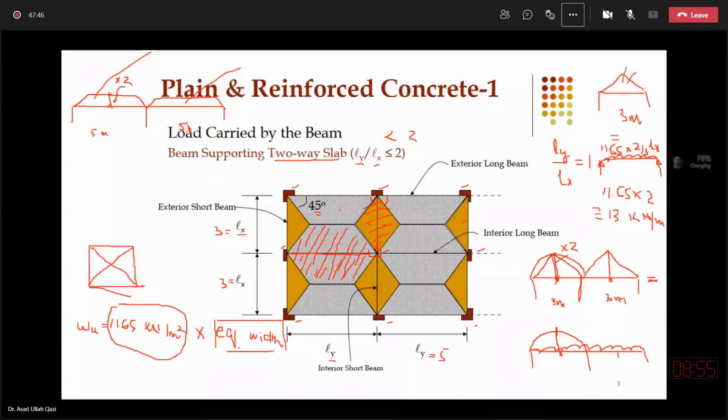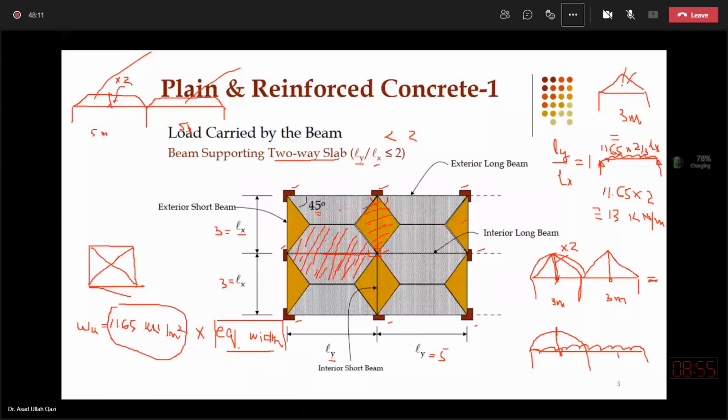You will get exactly the same answer if you use this equivalent width. And in the derivation, we have discussed this calculation of 2 by 3 Lx. If it is an exterior beam, it means it is Lx by 3, one triangle.